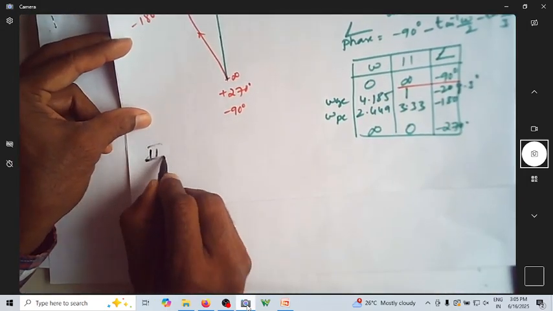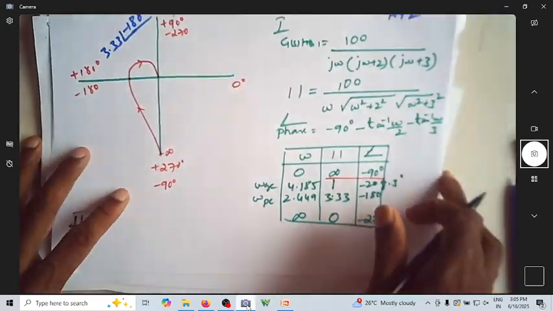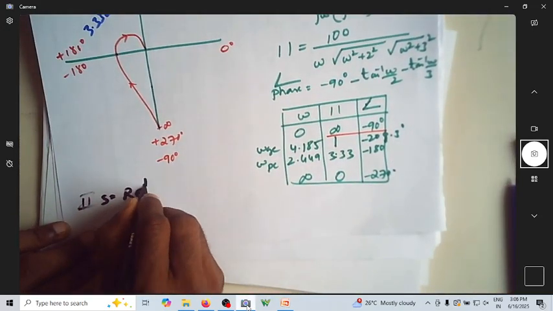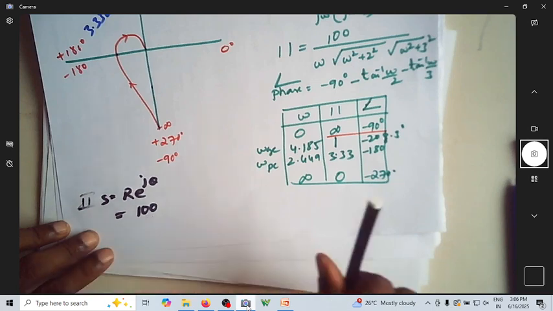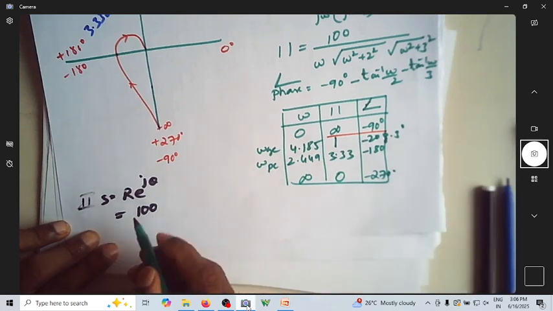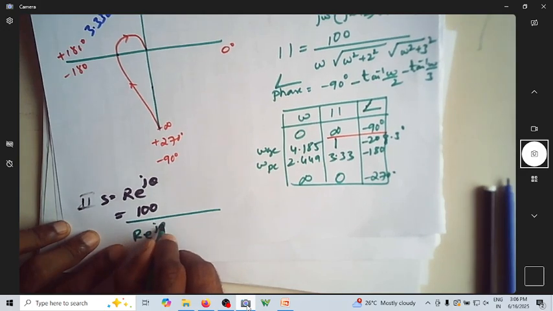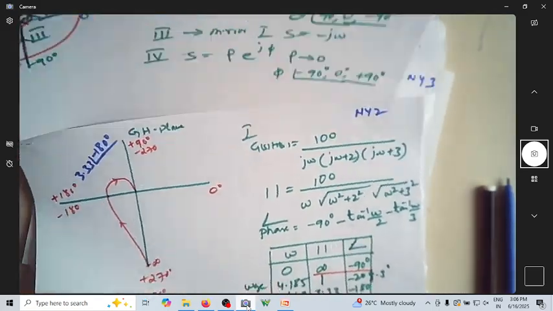For the second segment, s is replaced by R e power j theta. This will now become 100 divided by R e power j theta. So you are simply substituting wherever s is there.